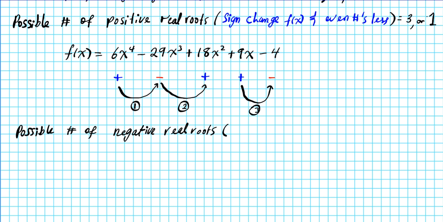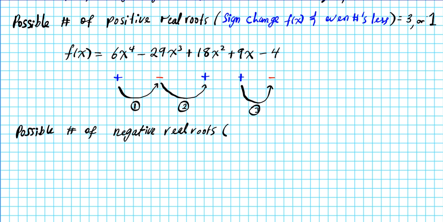Now this is similar to the strategy for finding the possible number of positive real roots. We're going to still use Descartes' rule of signs, but in this case we're going to be looking at the sign changes of f of negative x.